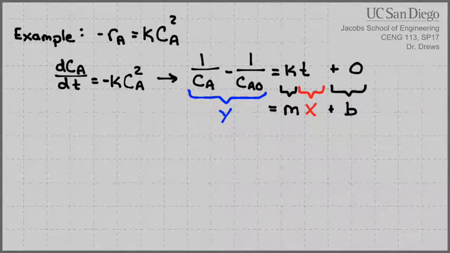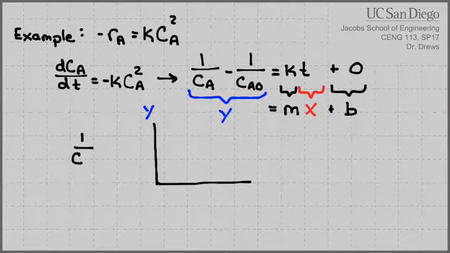So the plot that I would create for something like this, up here on my y-axis, is going to be that entire value, 1 over C_A minus 1 over C_A0. And my x coordinate down here is time.